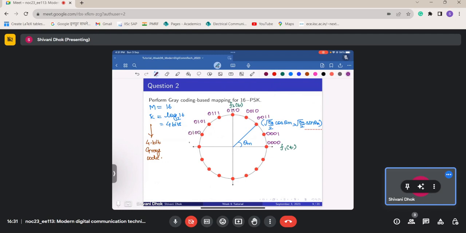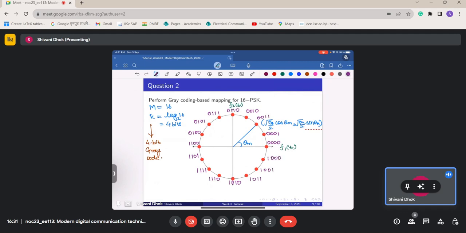Then I'll make this as 1 1 0 0. Then let's make this as 1 1 0 1. Then this becomes 1 1 1 1. Then this is 1 1 1 0. This becomes 1 0 1 0. This is 1 0 1 1, 1 0 0 1, and 1 0 0 0.